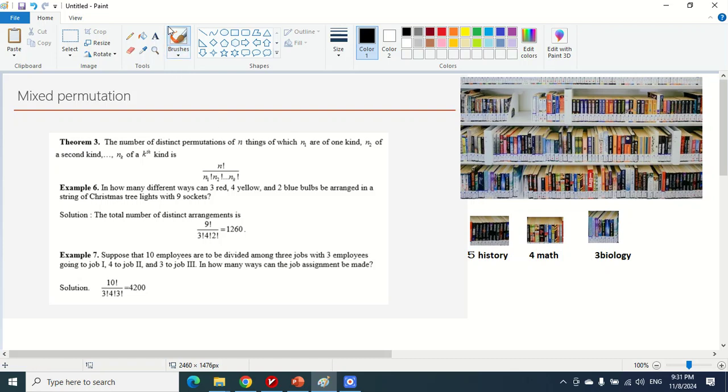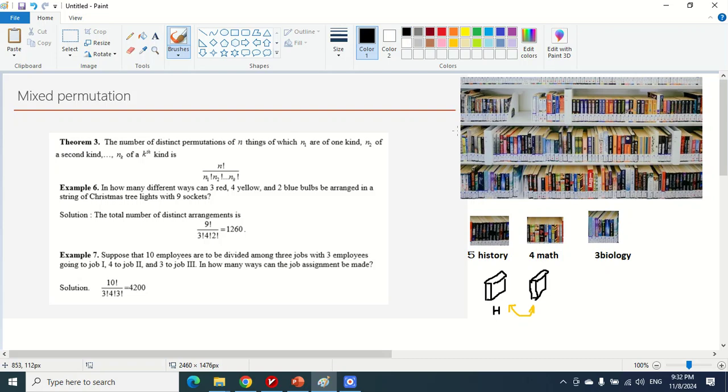But over here, as you can see, if I put a history book, for example, and I put another history book close to that one, and even if I swap their places, what do I mean by swapping their places? It means that if I interchange the places of these two history books, then that type of case should be counted as the same.